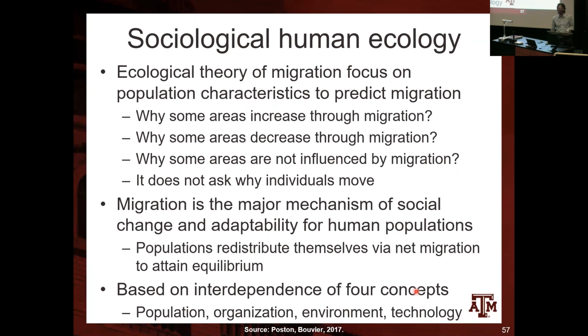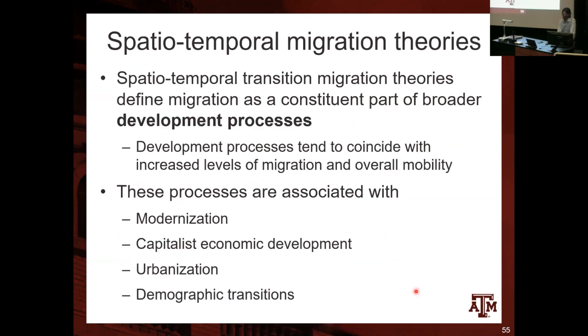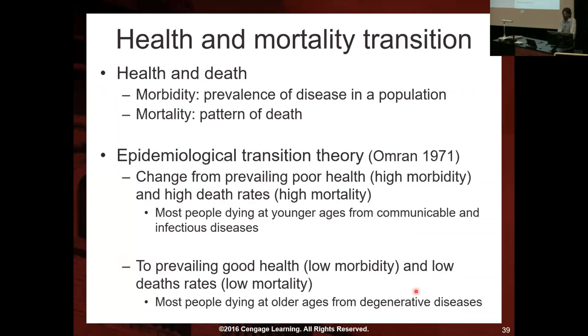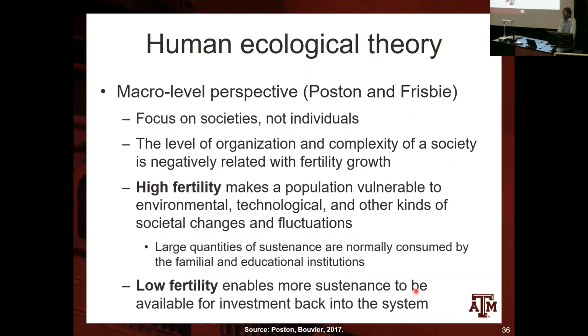The sociological human ecology. Remember the human ecological theory that we talked about back here, about fertility. Here we are showing that we will not focus on individuals, we will focus on societies.